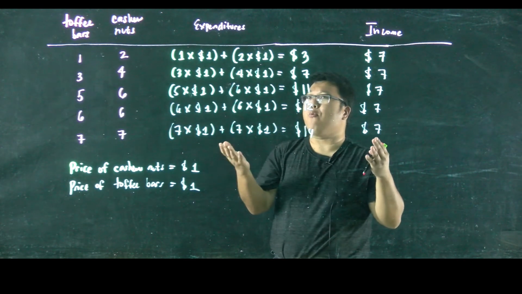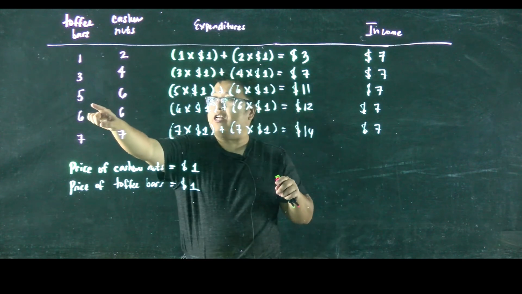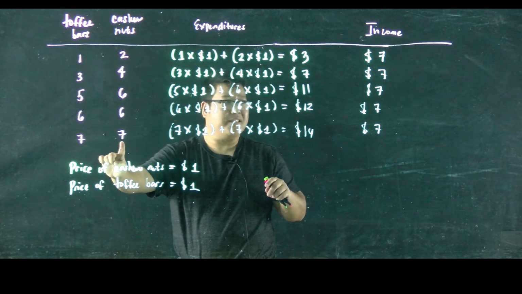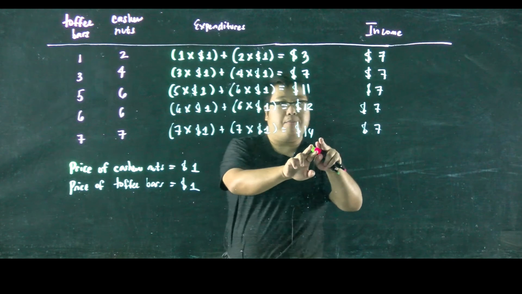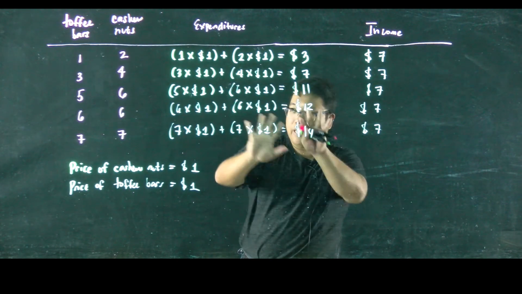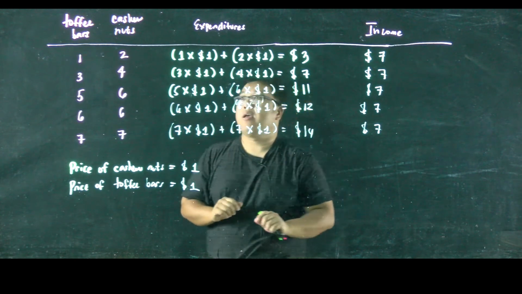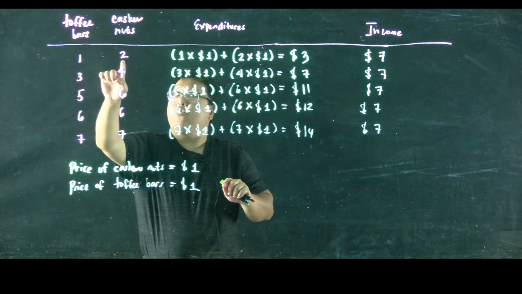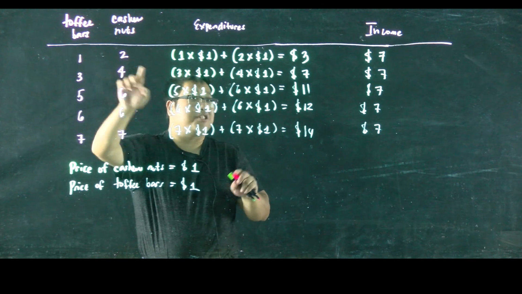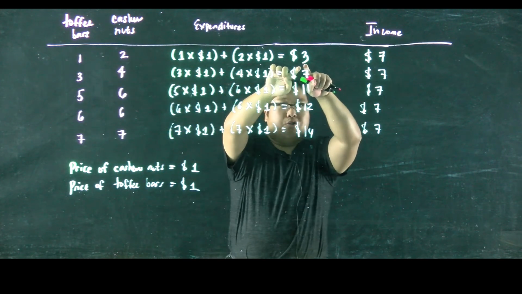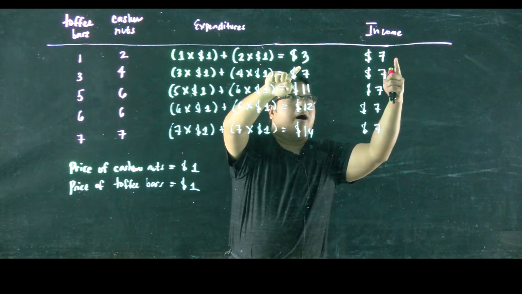Well, clearly here what we can see is that these other combinations, 5 and 6, 6 and 6, and 7 and 7, are over the budget. So clearly these combinations are not good. They won't work. The first combination of 1 and 2, 1 toffee bar and 2 cashew nuts, as I've said earlier, we're under budget. So we still have more dollars to spend.